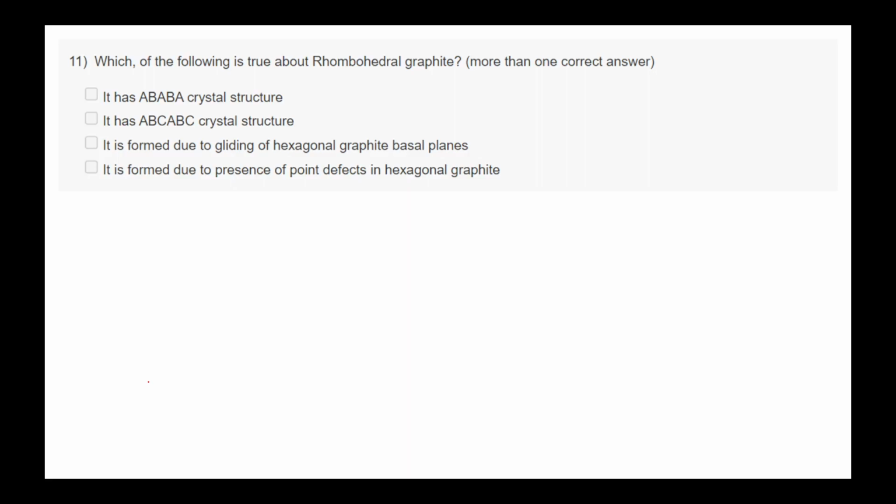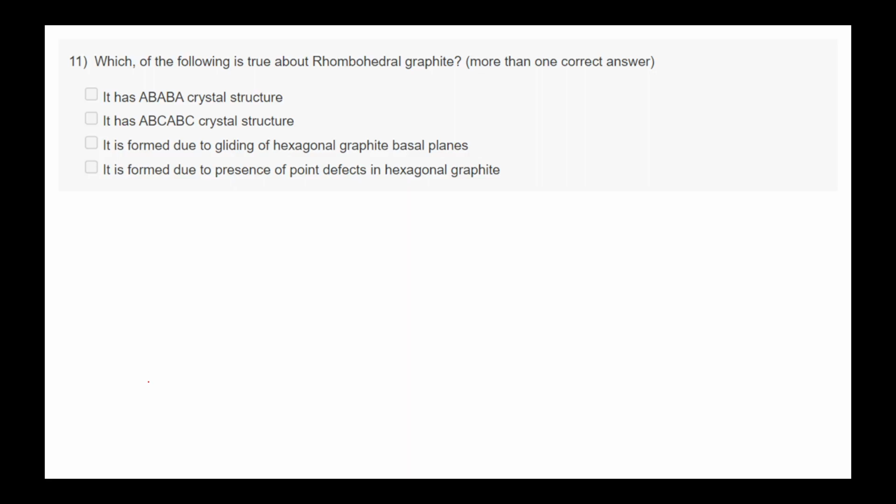ABC stacking, and one more factor will also be there. It is formed due to gliding of hexagonal graphite.